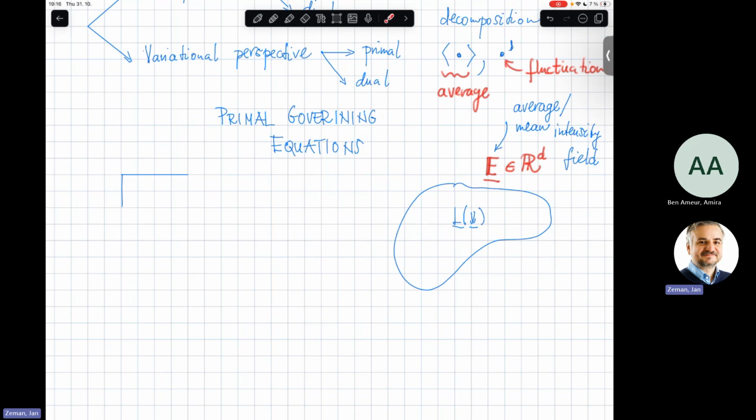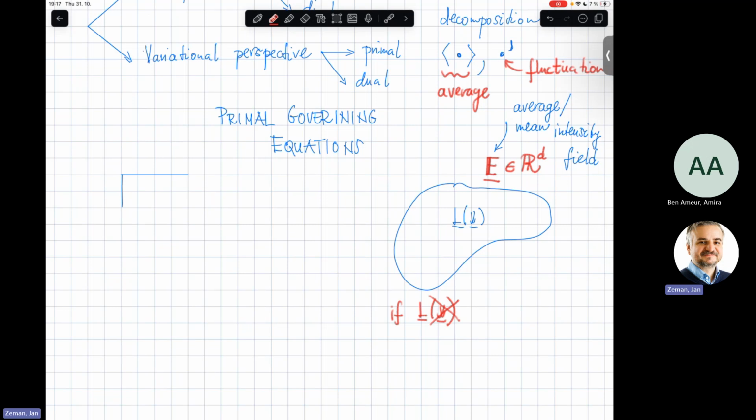If my body were homogeneous, so if my L as a function of x is x independent, then if I just prescribe this mean, average intensity field in each point of the body, this would be the solution.